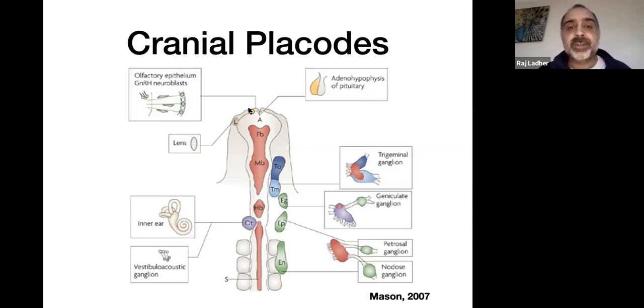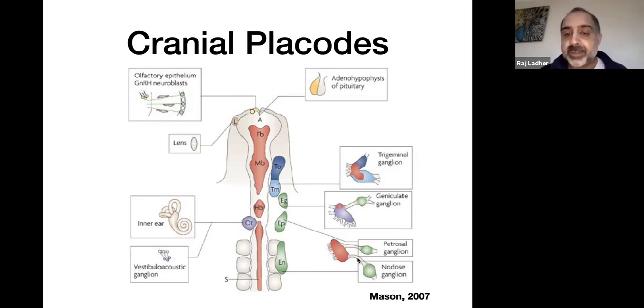So part of the pituitary gland also comes from outside of the neural tube, and that's a cranial placode. The olfactory epithelium, so the olfactory sensory structures, will come from outside of the neural tube.